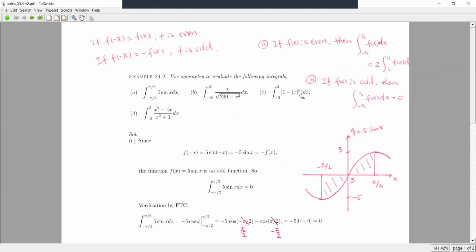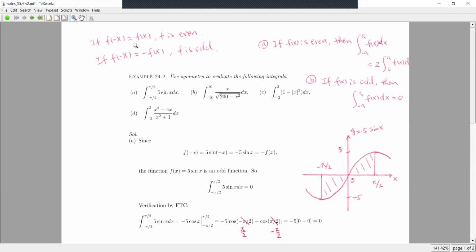So, the fundamental theorem of calculus cannot be directly applied to compute this integral. But anyway, this example only requires using symmetry to evaluate integrals. The function in this integral this time is an even function.